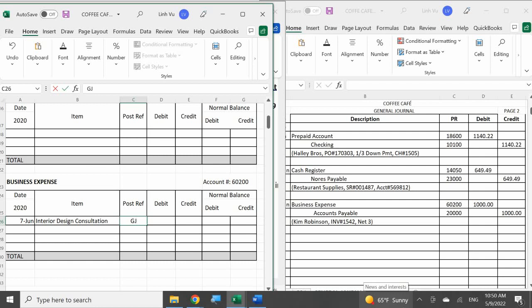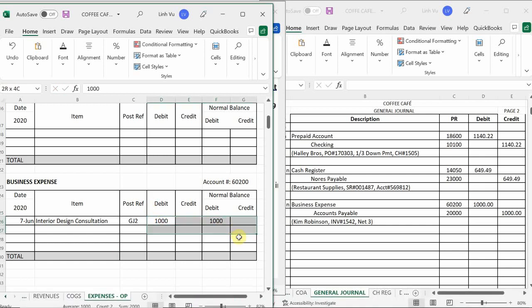Okay. We're still in the second journal, and because we spent money to do a consultation for the store, right now we incurred a $1,000 expense. Right?